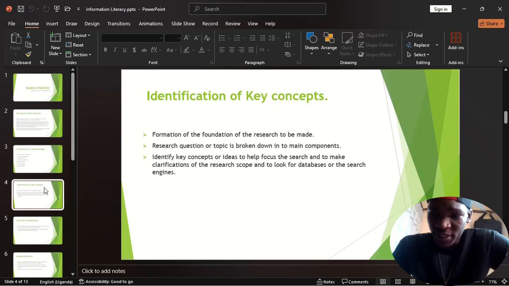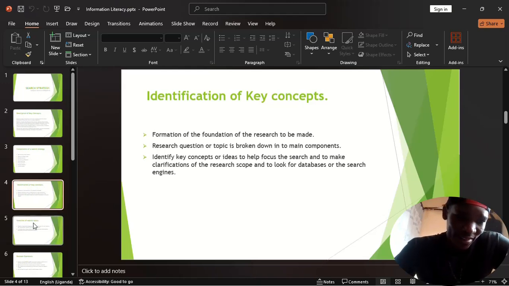In this research question, one of the key concepts we have noted is climate change. The second one is agricultural productivity. And the third one is Africa, because we are looking at the effects of climate change on agricultural production in Africa. Those are the key concepts or keywords in that search question or topic.